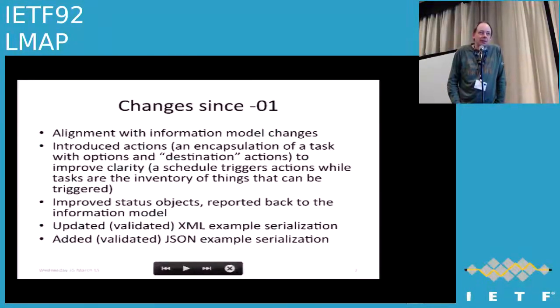It probably would have been more useful to include an example of how you do REST style interactions based on the data model. So I figured this out and sent something to the list a couple of days ago to have at least an example. I didn't bother putting that on the slides. If you want to see it, please go to the mailing list archive and pick up the example. Next slide.